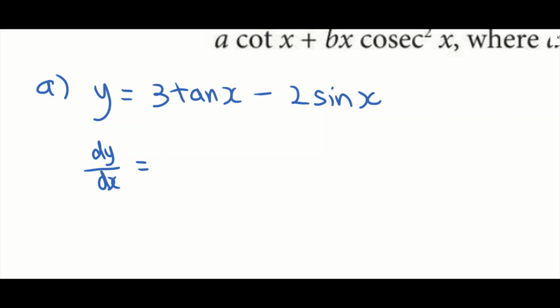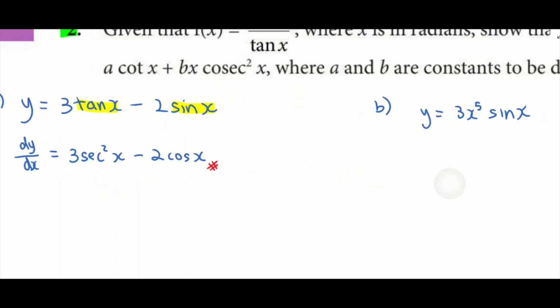I will leave the 3, differentiate tangent x. Differentiate tangent x gives me secant square x. Minus 2, I will keep it. I will differentiate sine x. Differentiate sine x will give me cosine x. This is the answer.